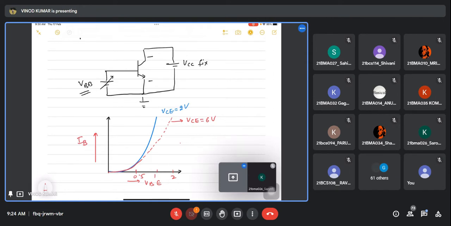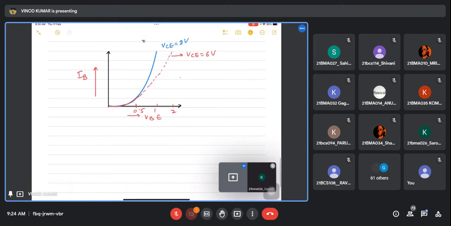Okay, so we see here that this is NPN, or you can say emitter, base, and collector.